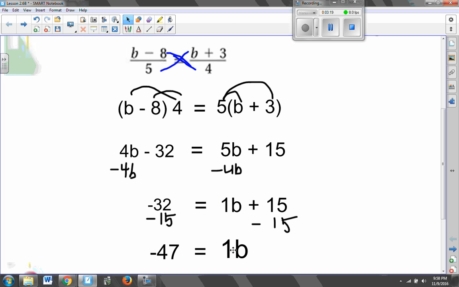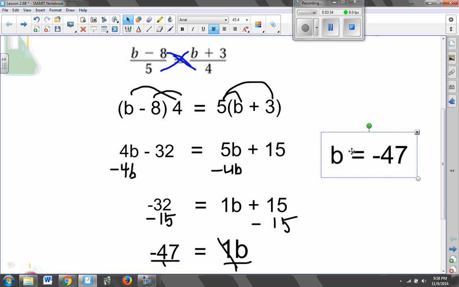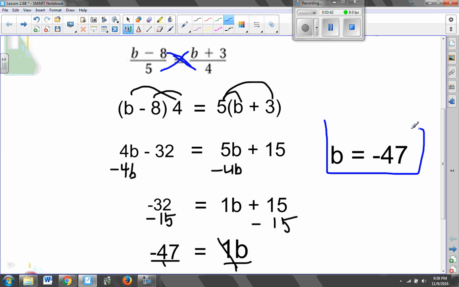It can just be a b. Or if you want to, you can divide off this 1 to cancel it out, divide by 1. But dividing by 1 doesn't change anything either. So we end up with b equal to negative 47. Okay? So this is my solution to that proportion.